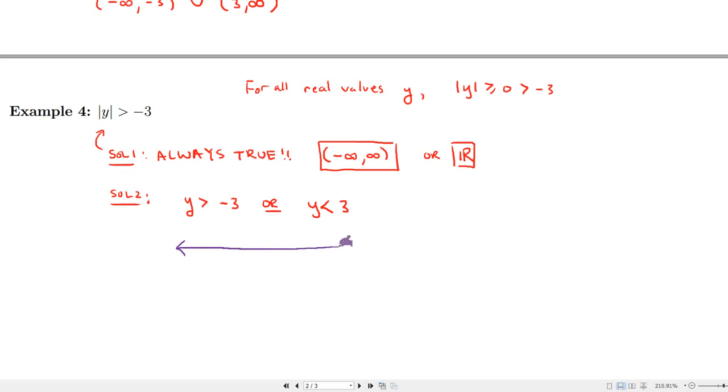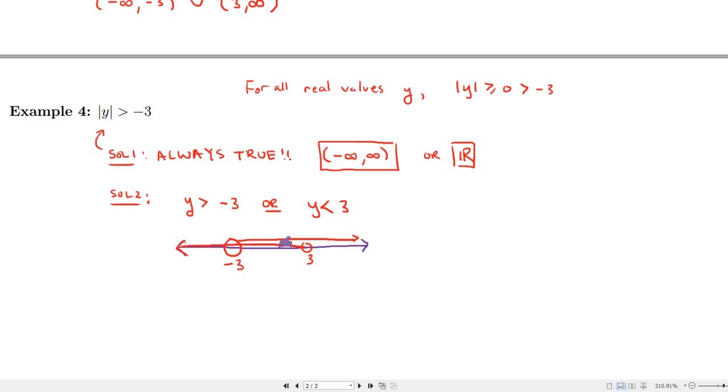So if you draw this on a real number line, the two sets, what happens? So we have y is less than 3, so that would be here. Y is less than 3, or y is greater than negative 3. Now remember, when you're talking about or, you just want to be in one or the other.